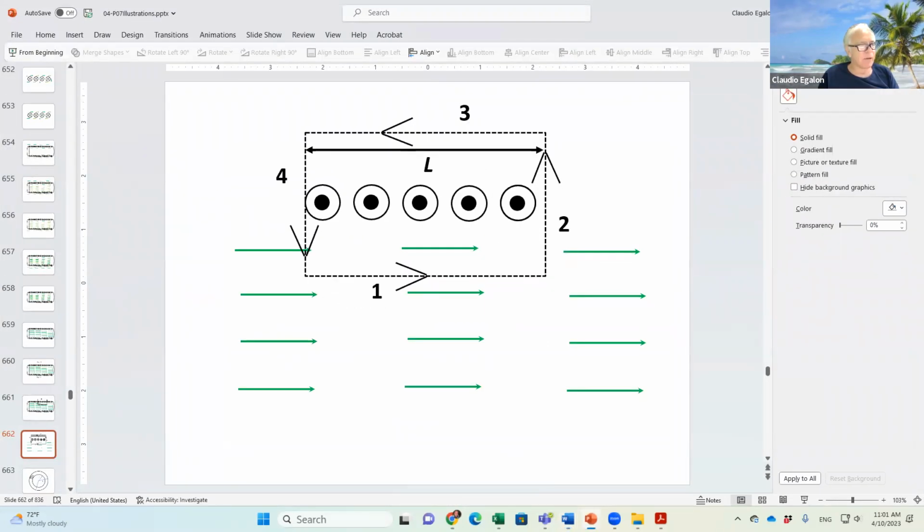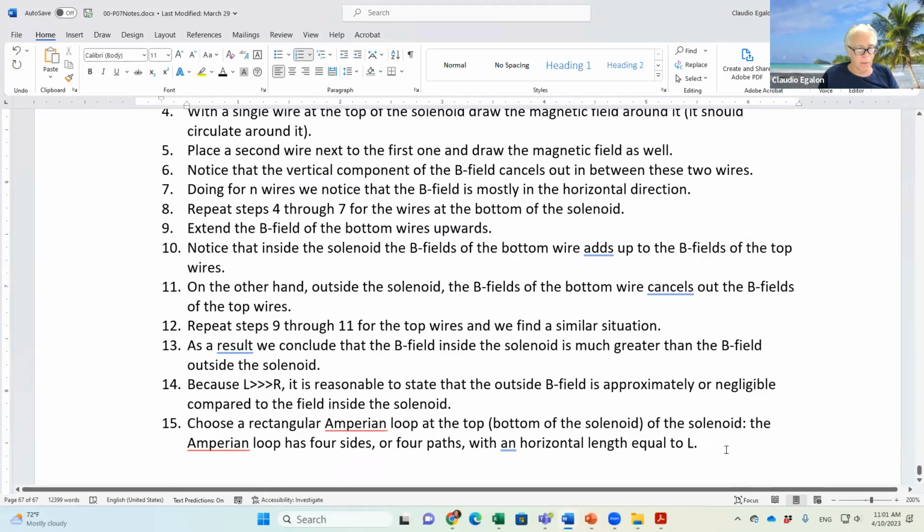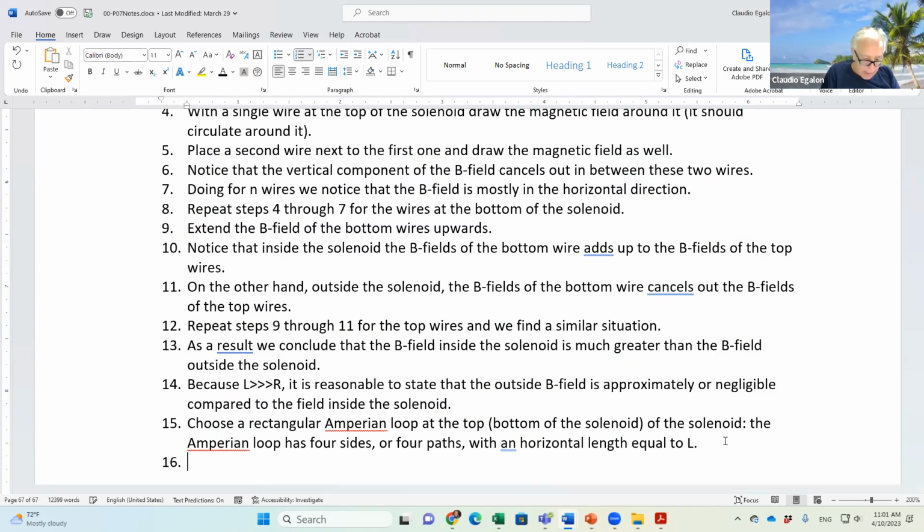You're going to see why. Apply Ampere's law for all these 4 arms.